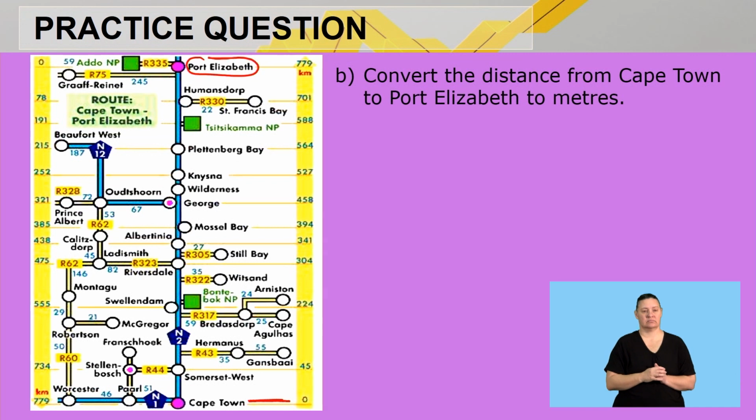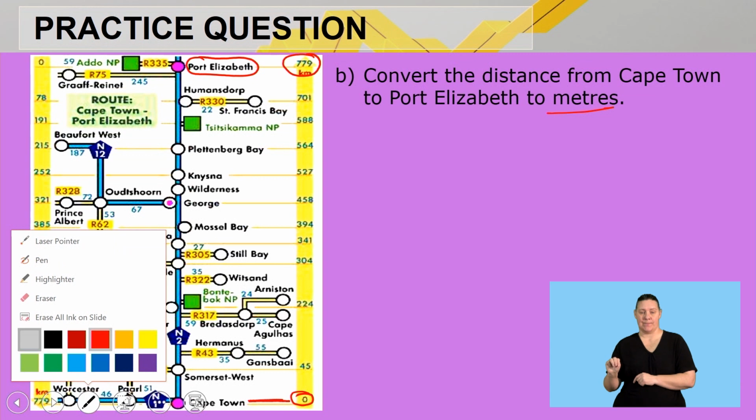When you look at the distance from Cape Town, it says 0. Then when you travel along up there, it gives us 779 kilometers. And the question says we must convert the distance to meters.